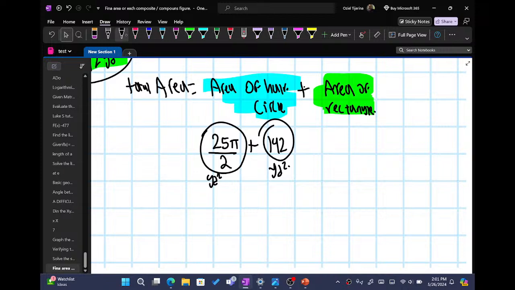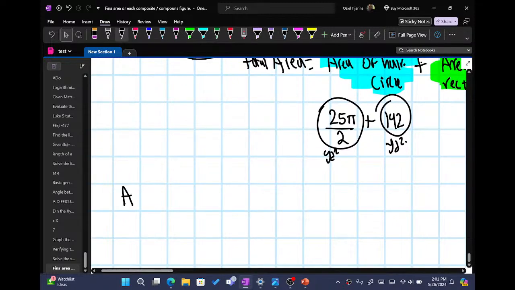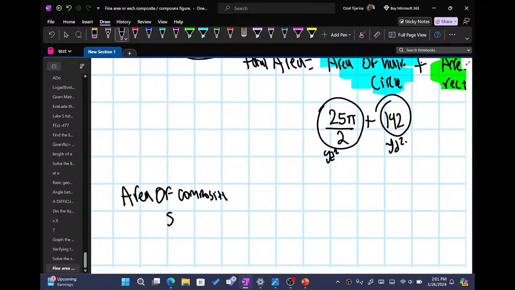So it's approximately 231.3. So the area of the composite shape, the total area, is 231.3 yards squared.